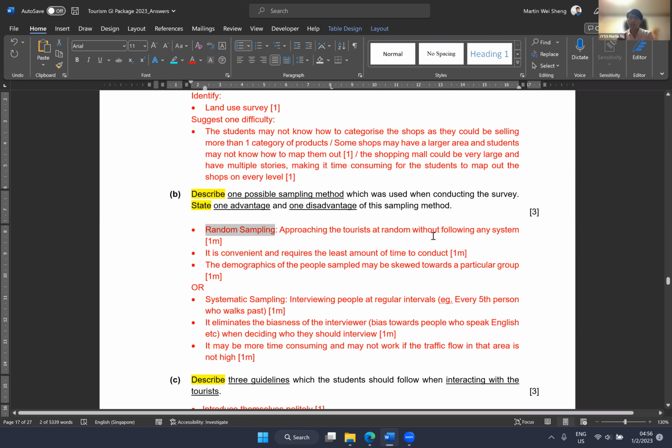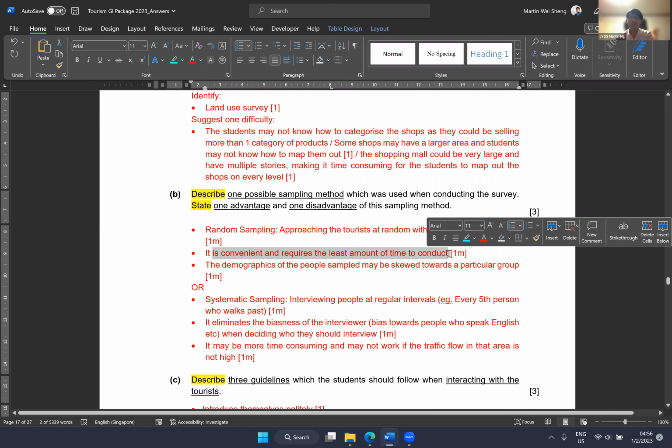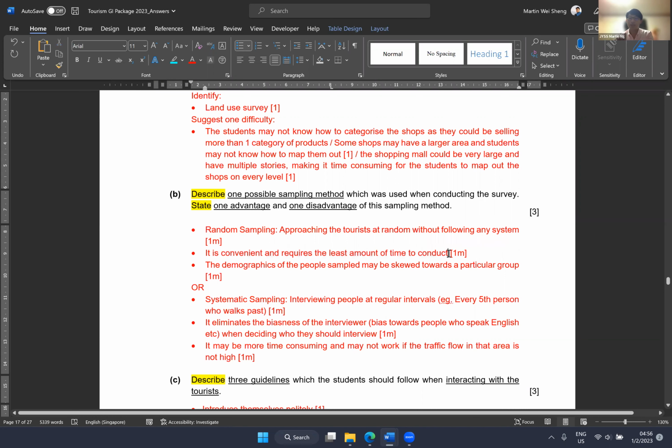As the tourists are walking by, they see, this one is a tourist, and immediately ask the person. They didn't pick and choose. So it is convenient and requires the least amount of time to conduct. Basically first come first served, so they can quickly conduct all their questionnaires and go home.